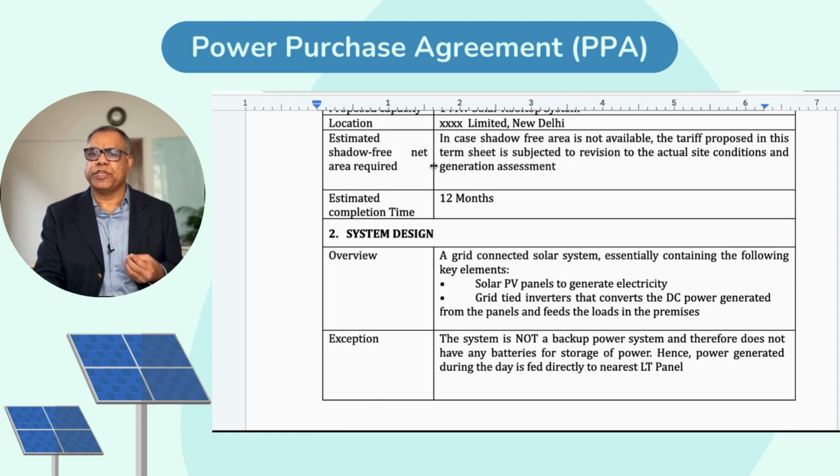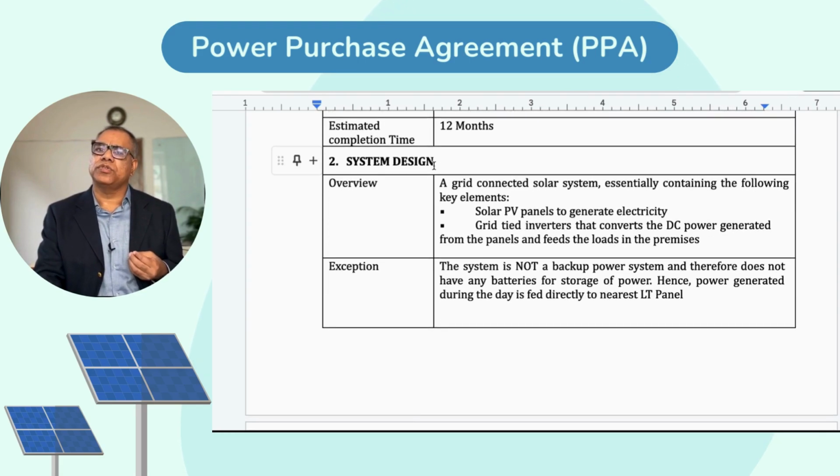The location also has to be specified in the PPA, which is the location where you want to install the plant. The next part is how much expected roof area or ground area you are going to get. So whatever your area requirement is, you have to specify that as part of the shadow-free area requirement.